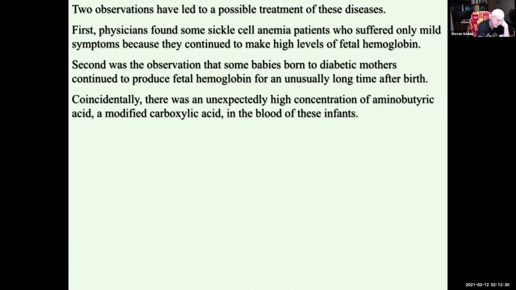An amino group we haven't gone into yet, but an amino group is just NH2, ammonia. That's an amino group attached to a butyric acid. Butyric acid is our 4-carbon carboxylic acid, a modified carboxylic acid, in the blood of these infants.